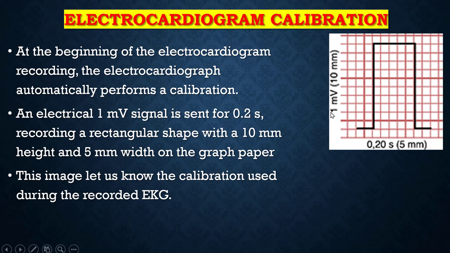So the amplitude of current is 1 millivolt, 1 big square is equal to 0.5 millivolt, 1 small square is equal to 0.1 millivolt, and 1 small square is equal to 0.04 second, and 1 big square is equal to 0.20 seconds. This is the standard calibration.